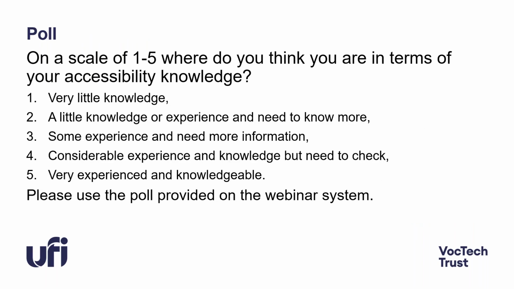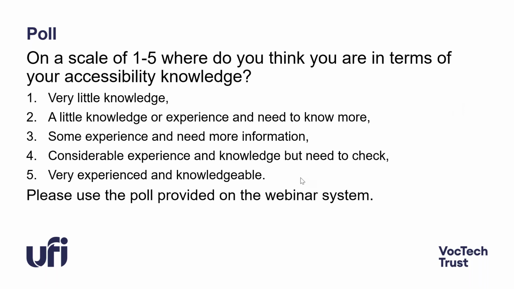Okay, before we start, do I do this? I think I do, don't I? Where do you think you are on your accessibility knowledge? This is not a scientific poll. This is only 1 very little, 5 pretty good, and somewhere in between.